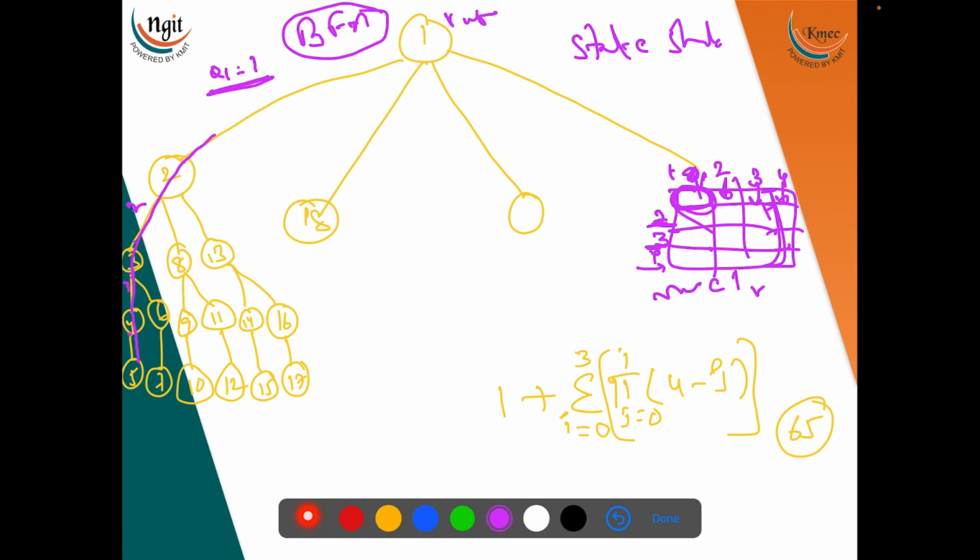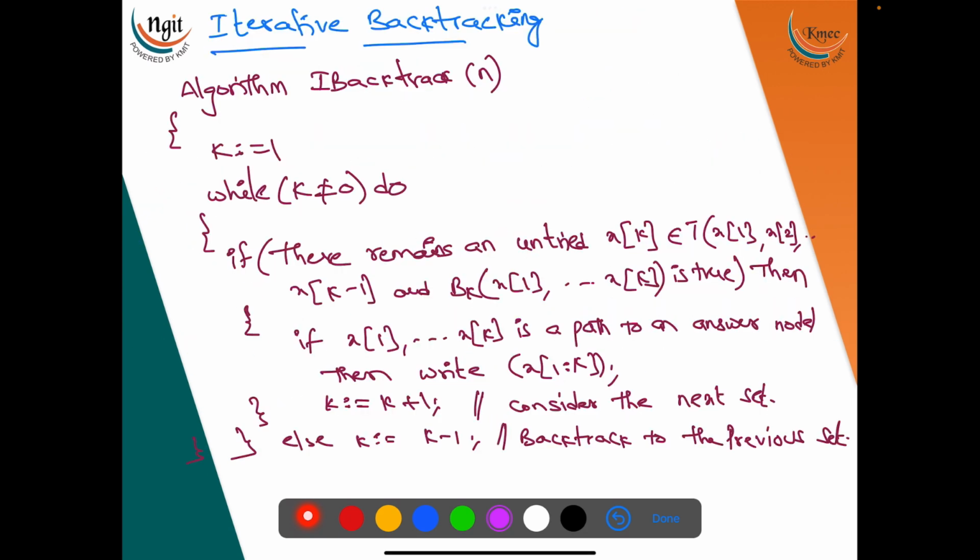Once the partial solution is not feasible, you'll backtrack to the upper node where you feel that this is not the solution. That is the difference between brute force and backtracking. Now let's see how this function will work.